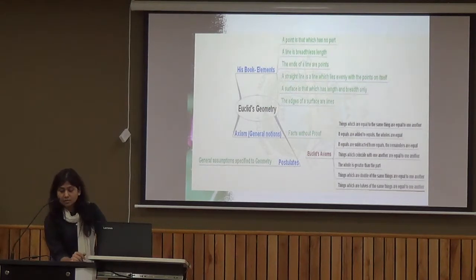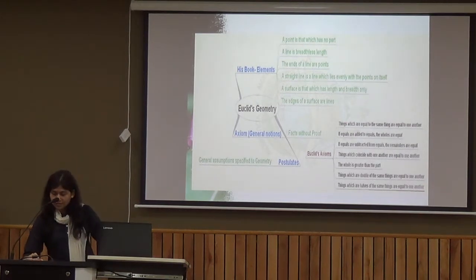In the first circle, you have Euclid's geometry, then you have his book Elements and Axioms, that is the general notions. Further, his book Elements has been subdivided into various categories, and then Euclid's axioms are also given as various subheads. General assumptions specific to geometry are called postulates, and that's all we have discussed.